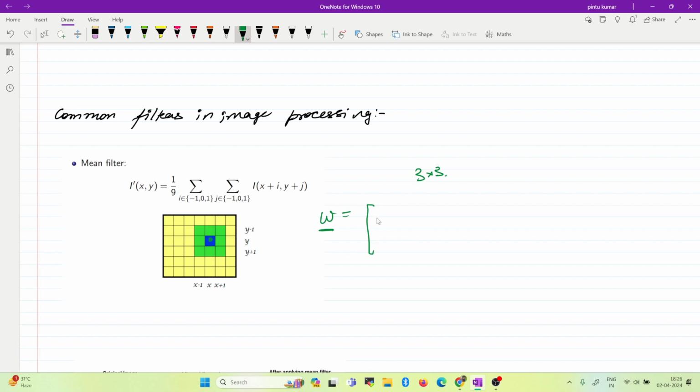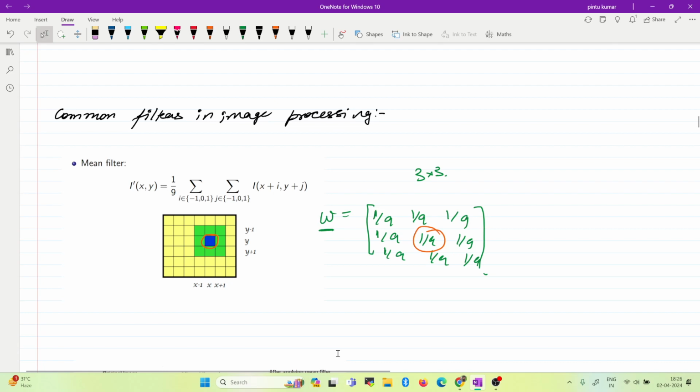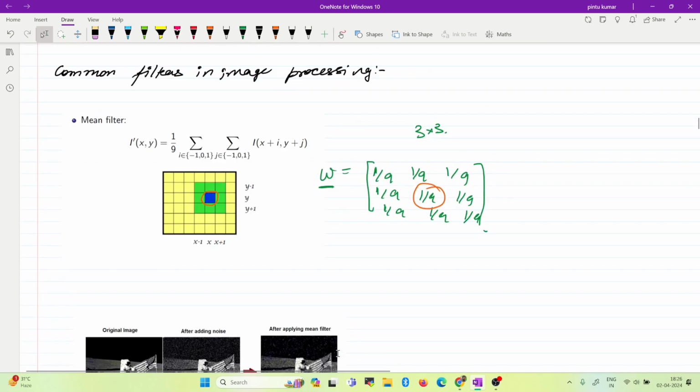You can design this by taking all the values as 1/9. This is known as the mean filter. You place it over here, multiply the individual values, and add them up. We'll have an example for this.